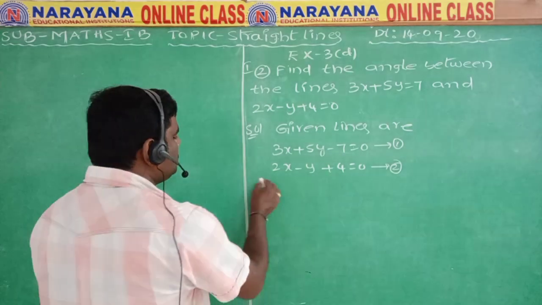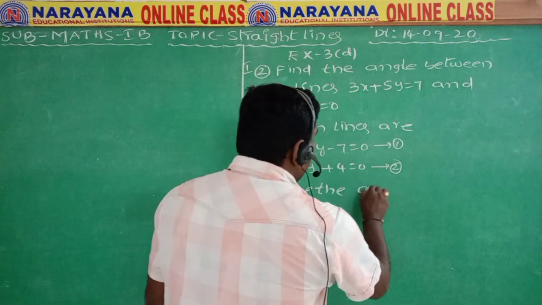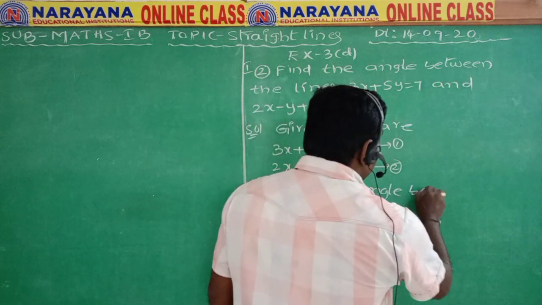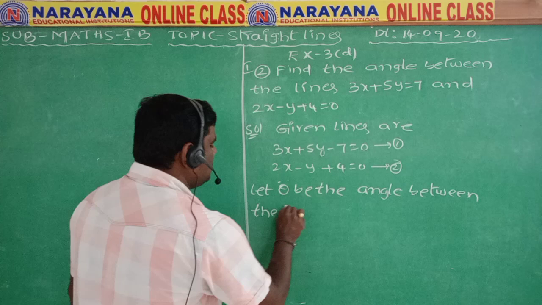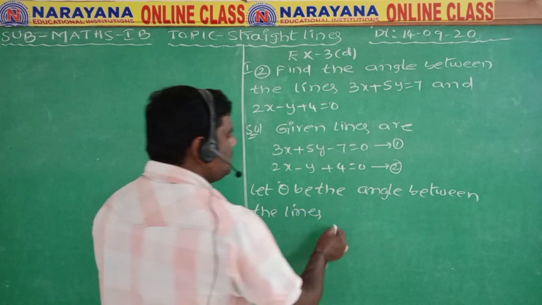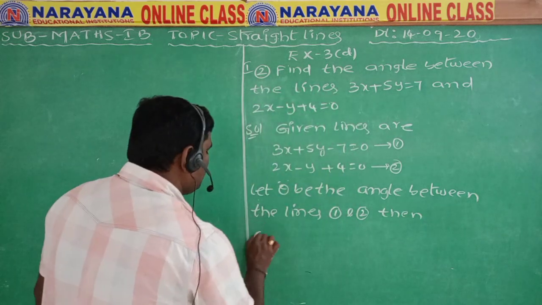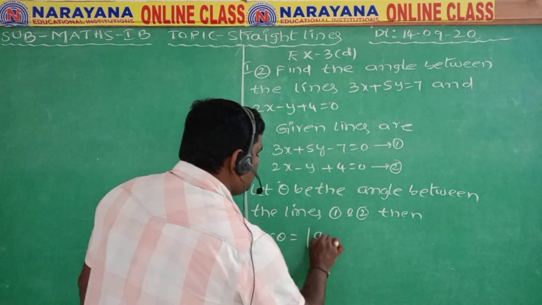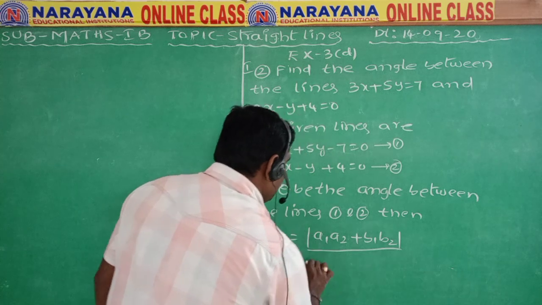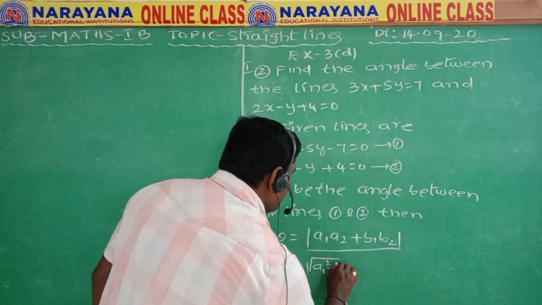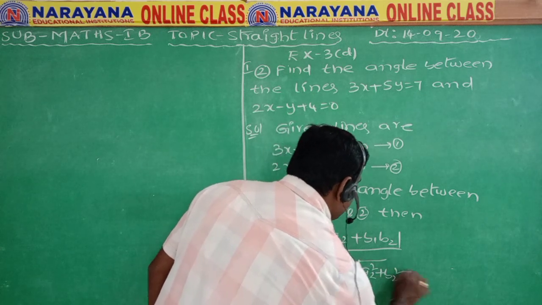Now here, let theta be the angle between the lines 1 and 2. Then we have cos theta = |a1 a2 + b1 b2| / (root over a1 square + b1 square × root over a2 square + b2 square).